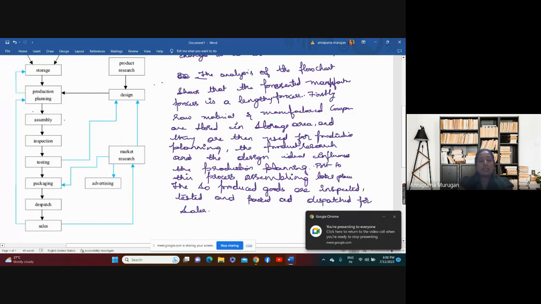The feedback that comes at the sales or after the sales will be provided to the production planning department and to the market research. The market research provides the feedback to advertising as well as packaging department. And this market research also provides feedback to design, and testing also will provide the feedback to design. Okay, so this is what basically happens.